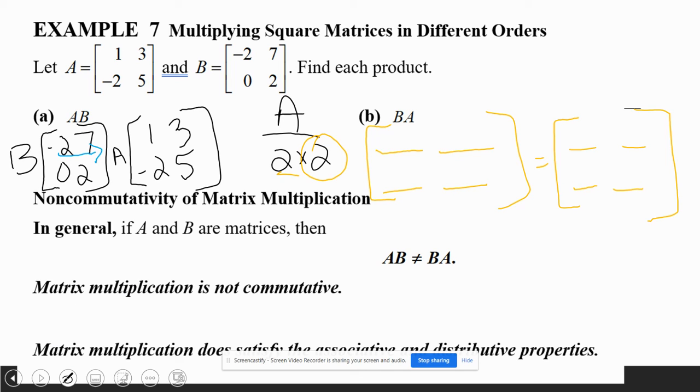Start row 1, column 1. So -2 and 7. -2 times 1 is -2. 7 times -2 is -14. -2 plus -14 is -16.